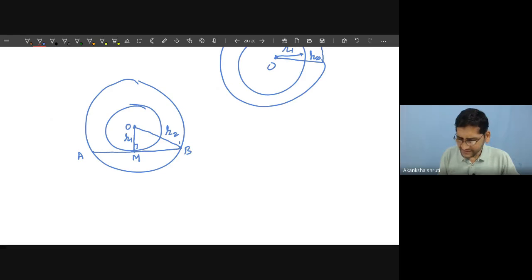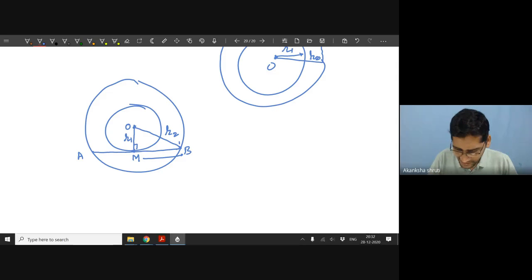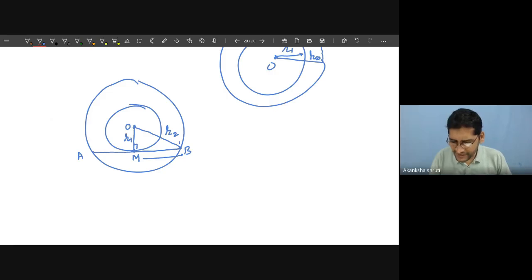So in this case, what is this chord length? First determine MB. How can this MB be determined, student? You have to take the triangle MBO. In this triangle, what do we have?